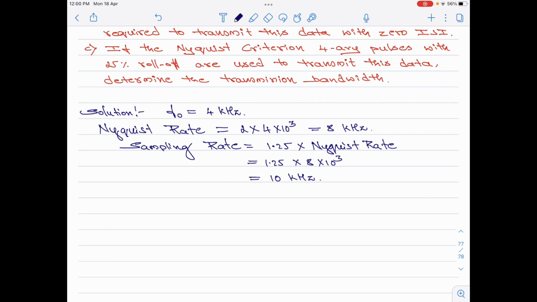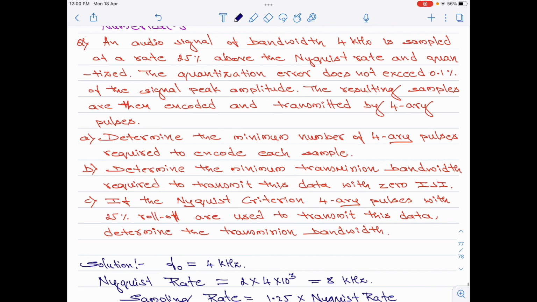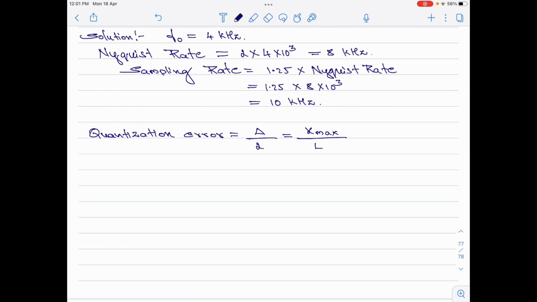We know that the quantization error is equal to delta divided by 2, which is also expressed in terms of the peak signal amplitude as x max divided by L. Now, in the numerical, we are told the quantization error does not exceed 0.1% of the peak signal amplitude. So, the maximum value of the quantization error should be 0.1%, which is 0.001 into x max.